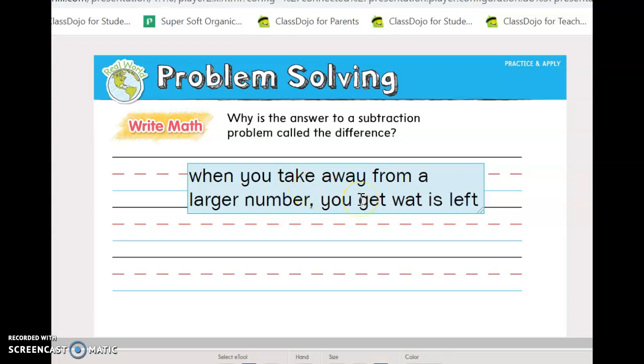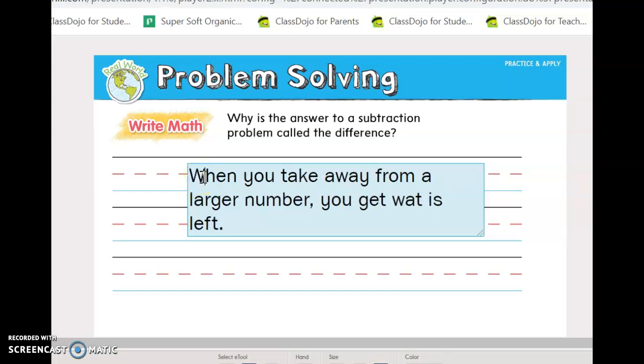Okay, so when you take away from a larger number, you get what is left. Whoops, I spelled the word what wrong. There we go. You get what is left. So why is the answer to a subtraction problem called the difference? Is when you take away from a larger number, you get what is left, and that is the difference.